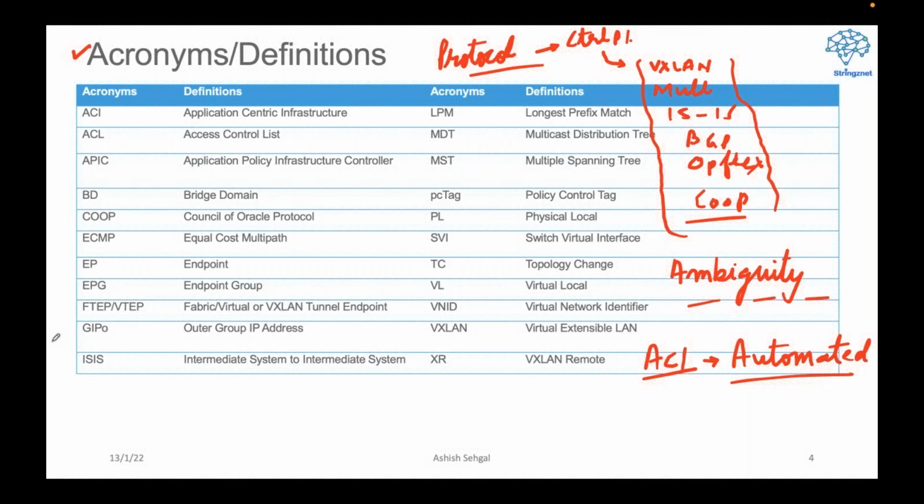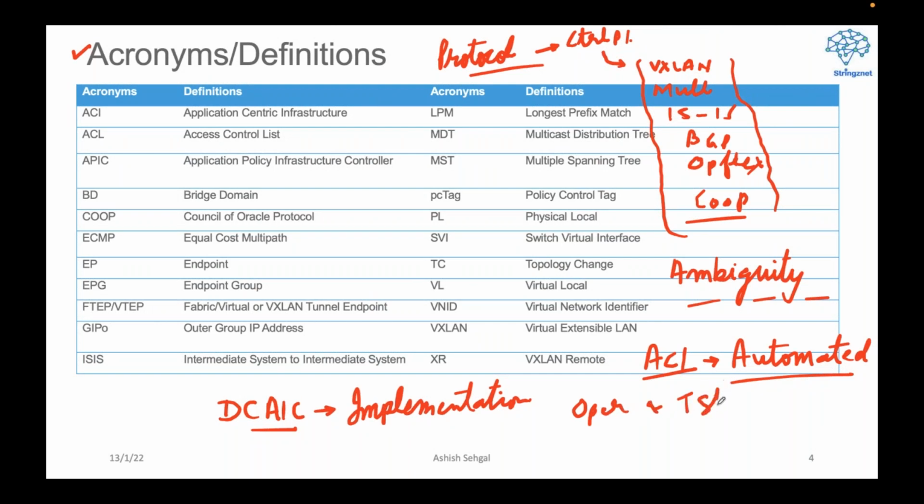It is good, from the point of view of troubleshooting, that we should know how these protocols are working. But the topic which we are doing, the ACI which we are doing in Cisco, we call it the course DCACI, which is predominantly an implementation course. This course is not going to cover a lot in depth about operations and troubleshooting.